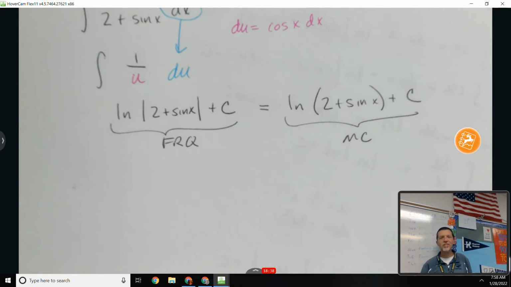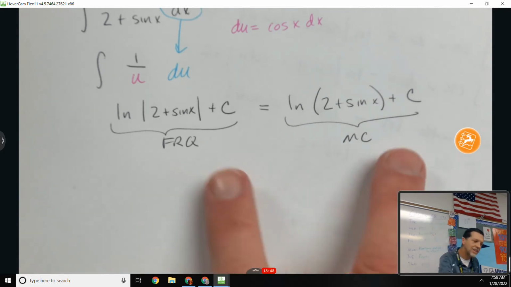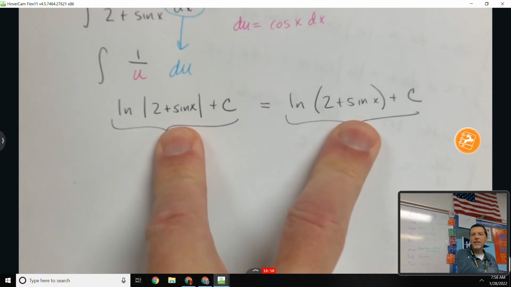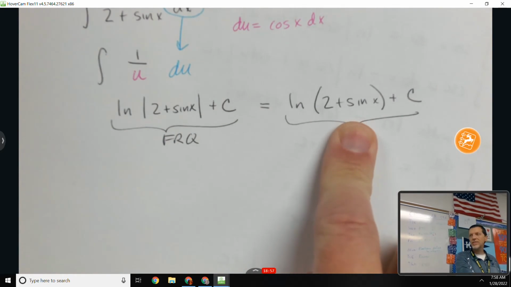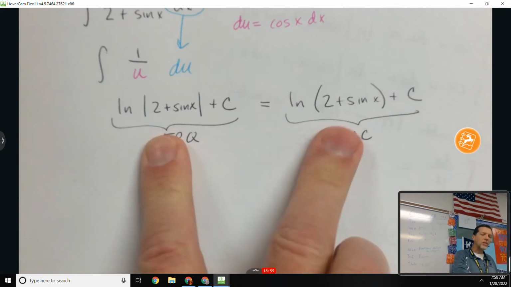Subtle difference there. What's the difference? The absolute value sign. Why is it not needed? Do you know? It's not negative. 2 plus sine of x is always going to be positive. So that's a really minor difference.